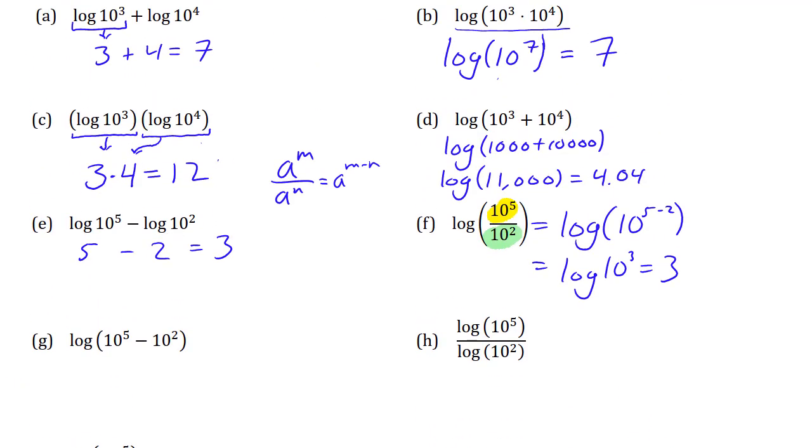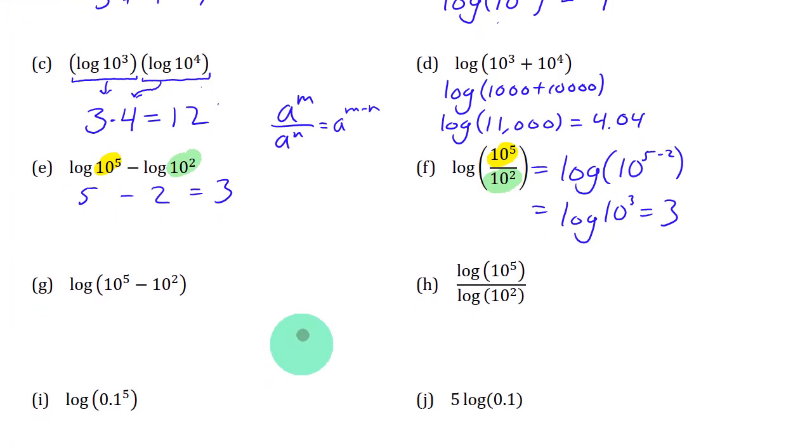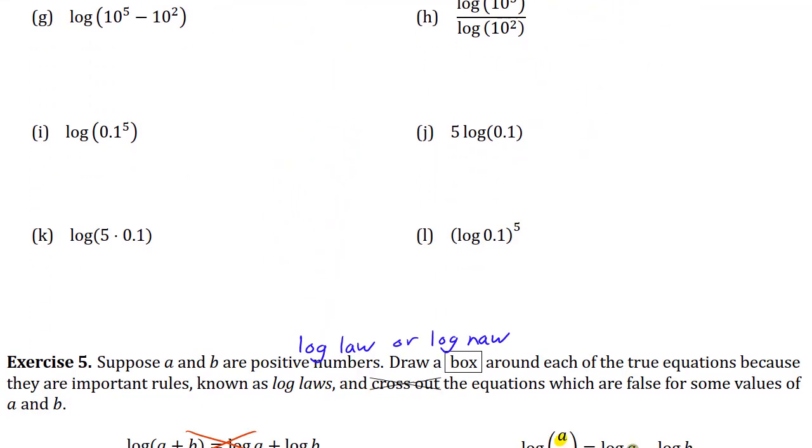And what we got is that's the same thing as if you subtract those logs separately. Because we're either subtracting on the inside of the logarithm using an exponent rule, or subtracting on the outside using just subtraction of the results. And that looks like, yeah, that's what this one says here. So this one is a log law. Cool.